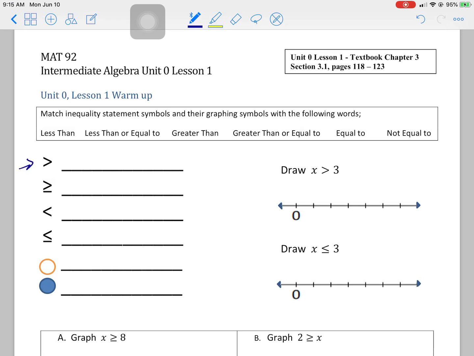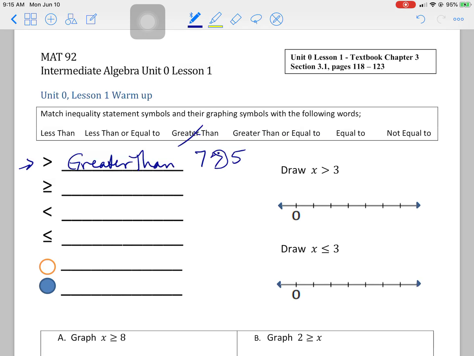So this guy right here, that is what kind of symbol? That is a greater than. There are different ways that people remember which is which. If you have 7 is greater than 5, there's like the Pac-Man one and the alligator one.